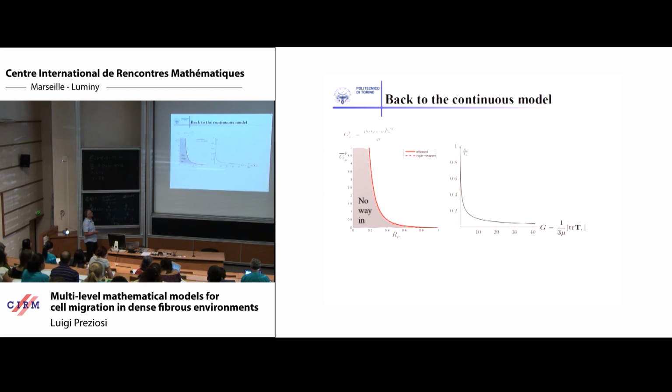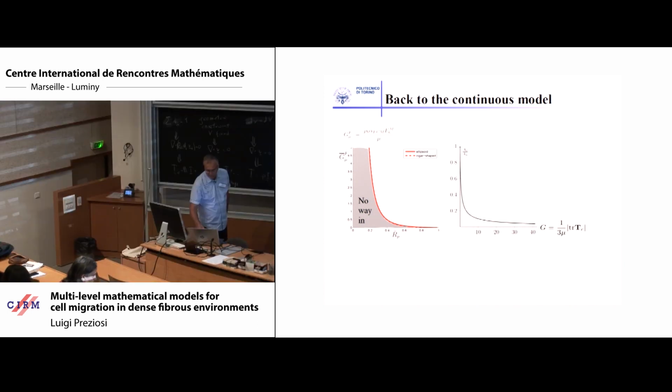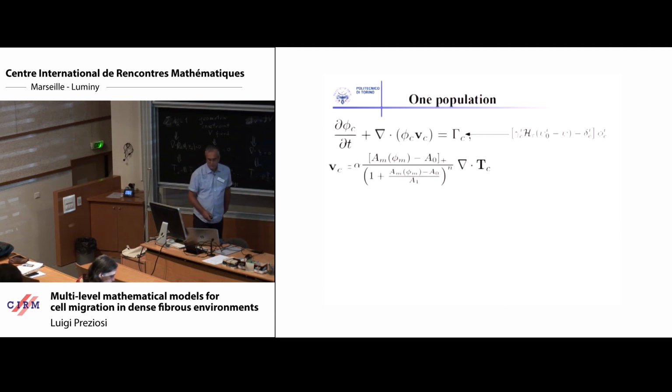And this G has to be related now with the stress tensor. So we take the trace of the stress tensor. G is a scalar. Well, the trace divided by mu.